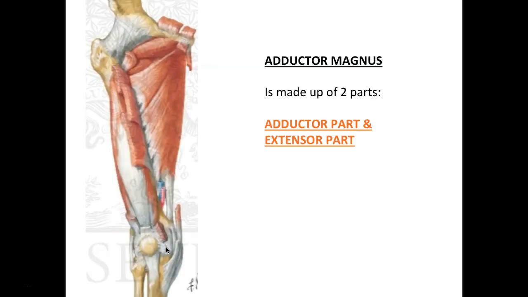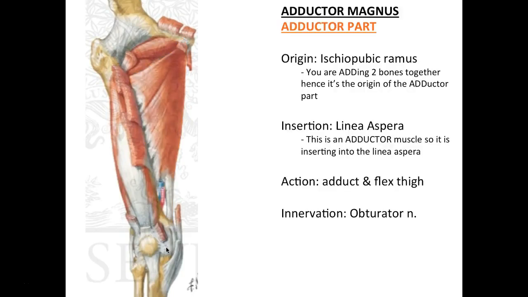Now, we had to peel a lot of these medial thigh muscles away so you can see the adductor magnus in its entirety. We have an adductor part and an extensor part. So I'll show you the difference between these two in the cadaver lab because it can be a little confusing with all of the muscles still intact. So first we'll start with the adductor part.